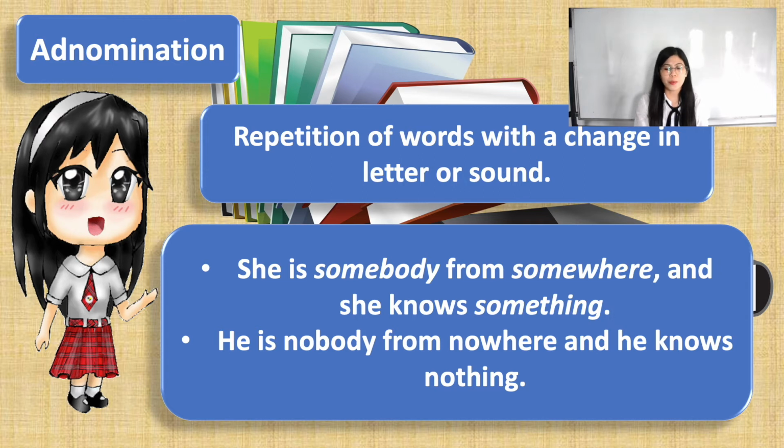From being somebody, it became somewhere and again became something. Next example: he is nobody from nowhere and he knows nothing. The root word know was repeated in the sentence: nobody, nowhere, and nothing.